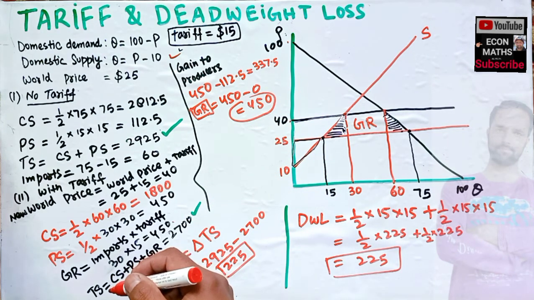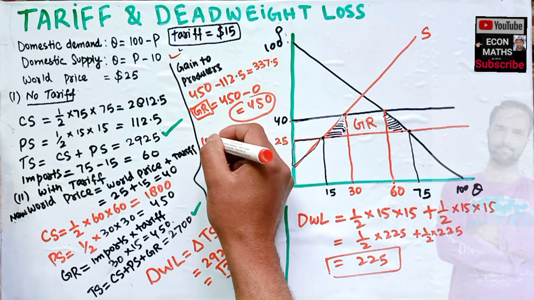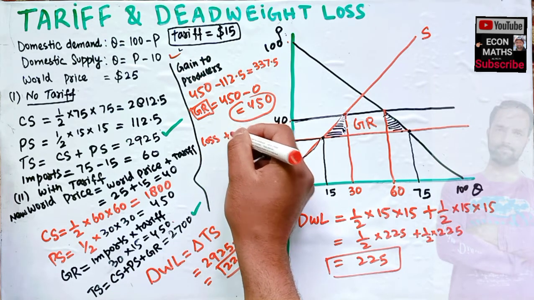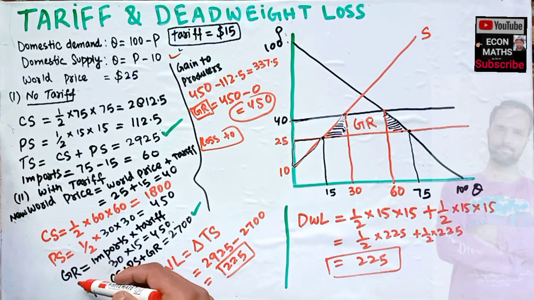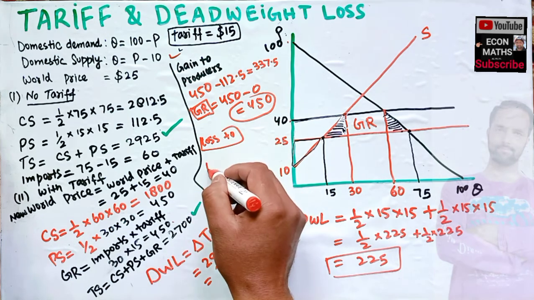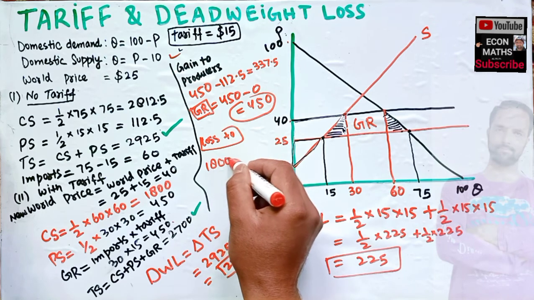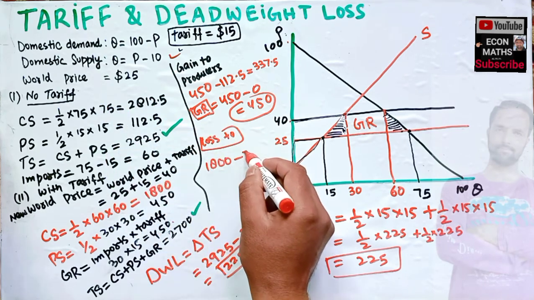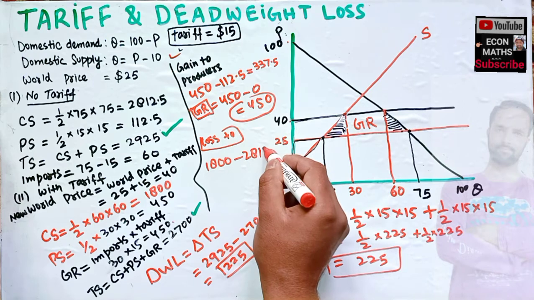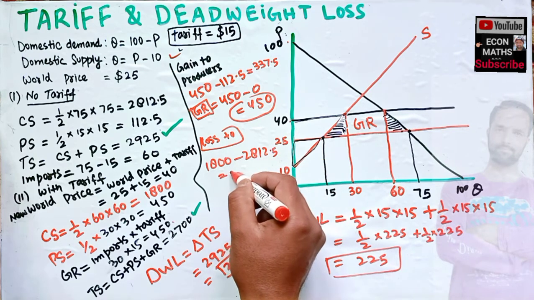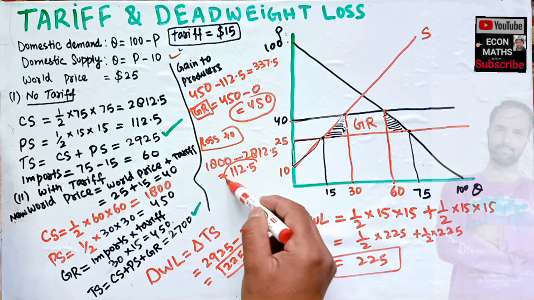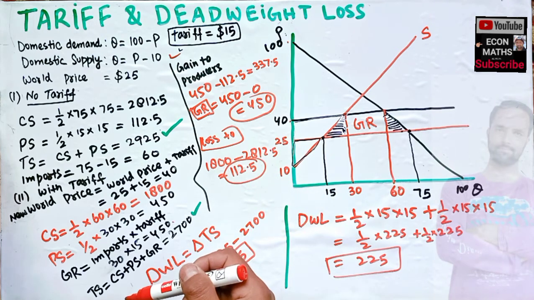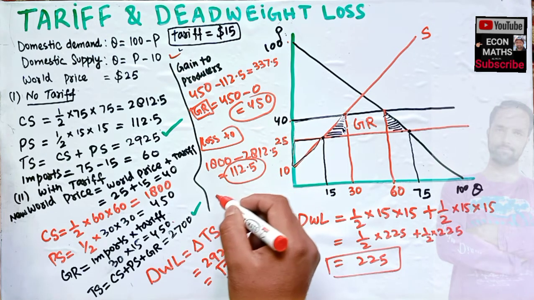And also loss to consumers. Finally they are getting 1800. Initially they were getting 2812.5, so the difference is 1012.5. Consumers lose 1012.5.